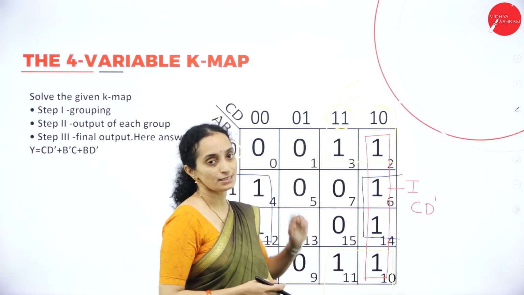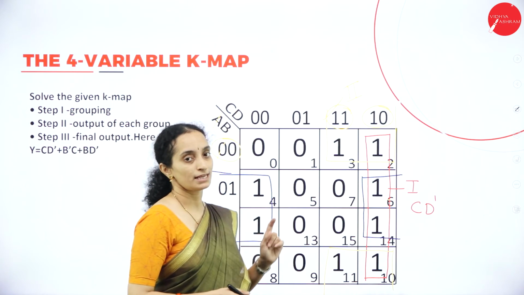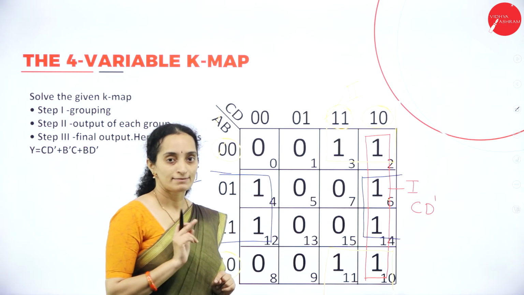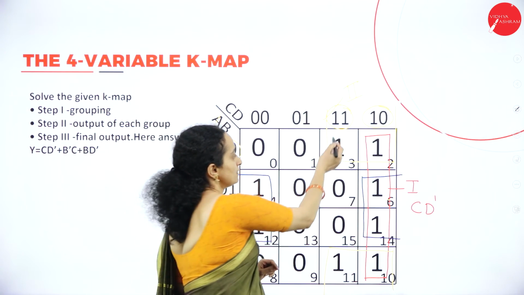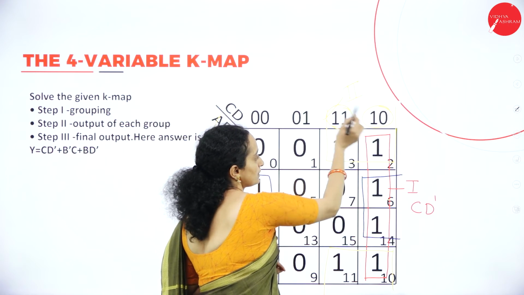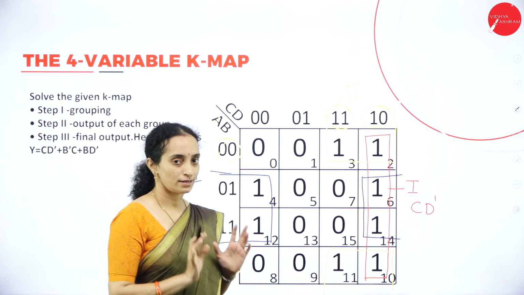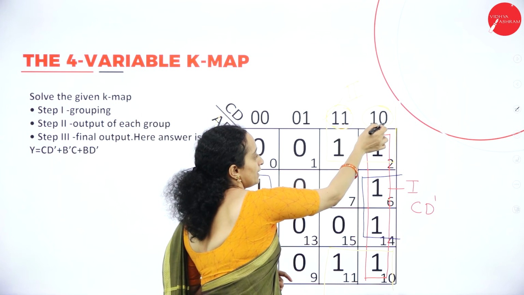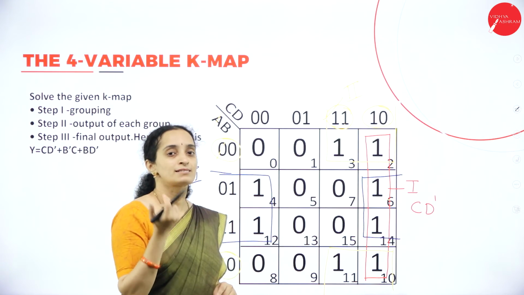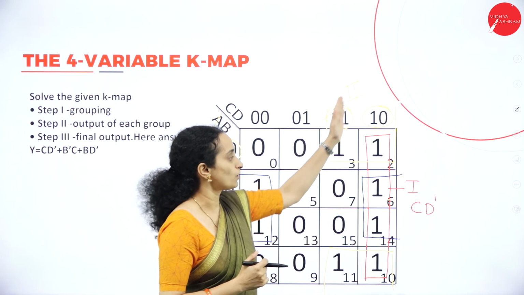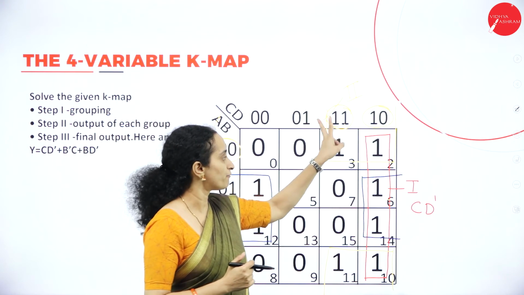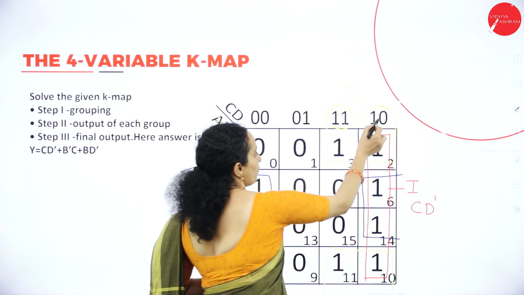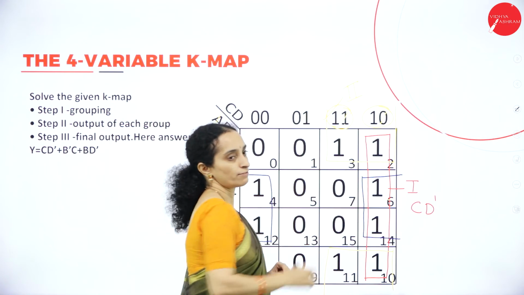When you check with these two combinations, with the variables C and D, when you look at the variable C, C is not changing the state. So, you can keep the C, whereas the variable D is changing its state from non-complement to complement form. So, it will be cancelled.